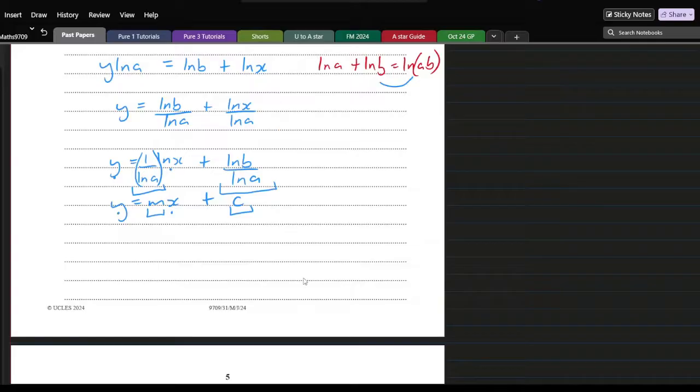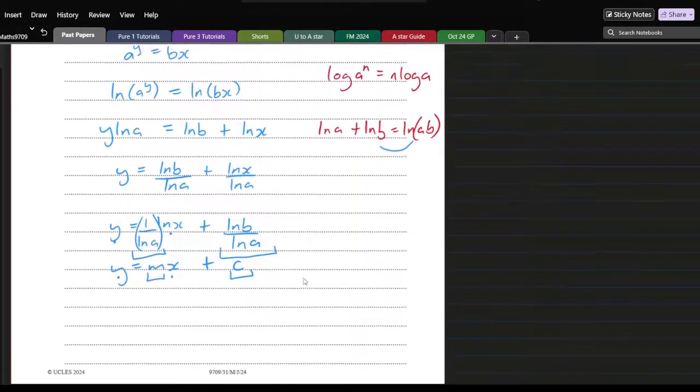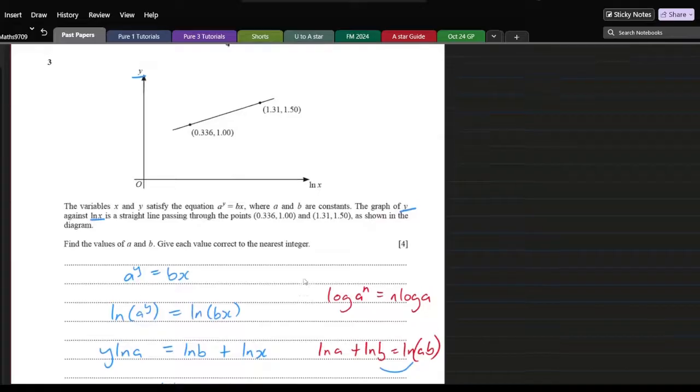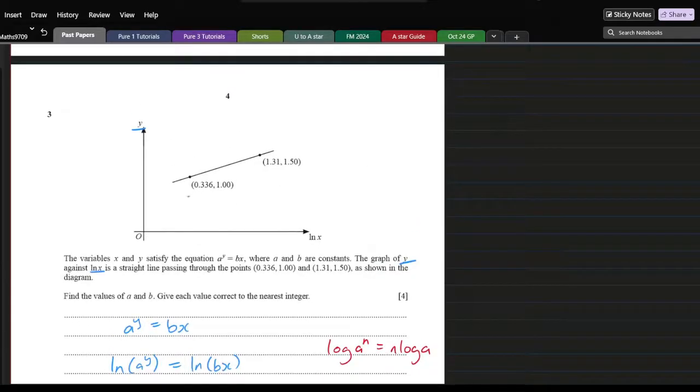So what we can do is find our gradient. We've been given 2 points here, so we can find our gradient m by saying the change in y, which is 1.50 minus 1.00, over the change in x, which is 1.31 minus 0.336.